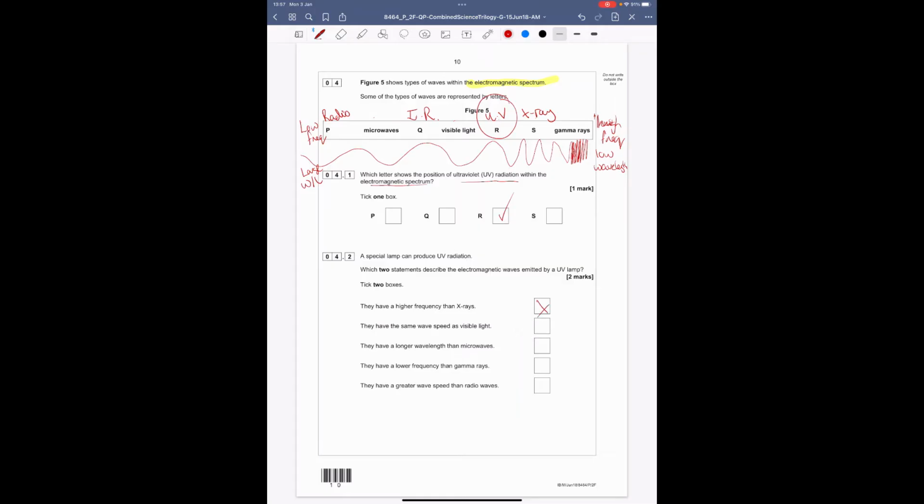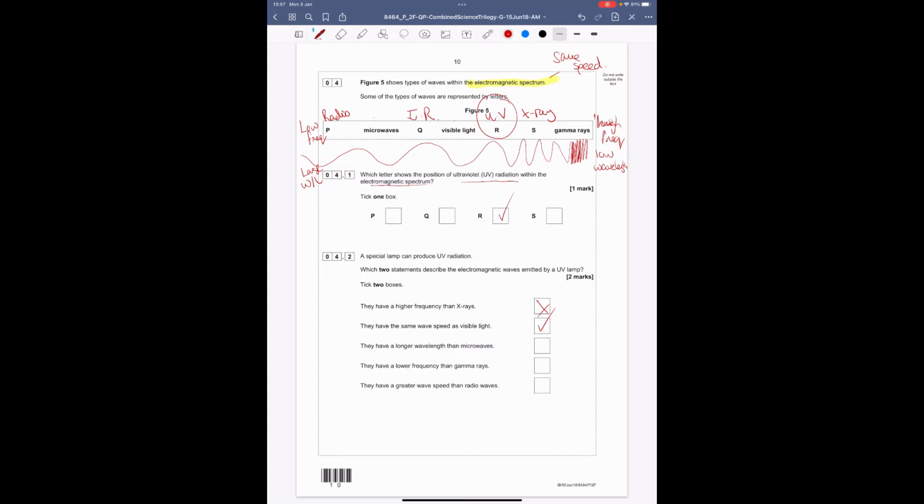They have the same speed as visible light. Well, in the electromagnetic spectrum, all of these waves do have the same speed. Their frequency and their wavelength change, but they all travel at the same speed. Okay, so it is the second one.